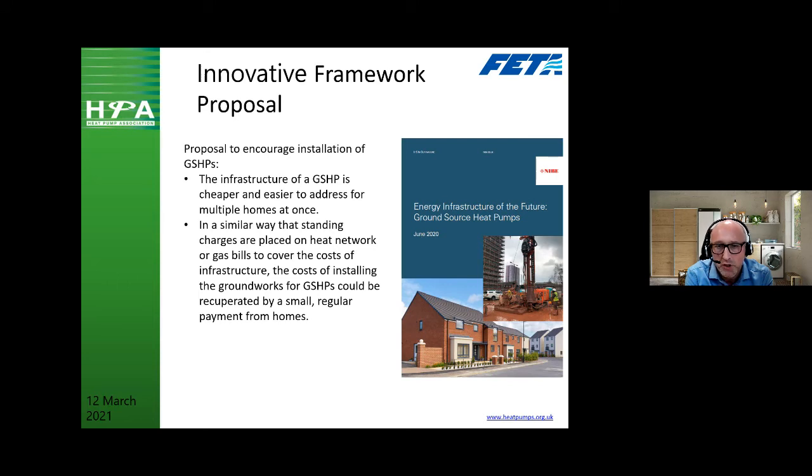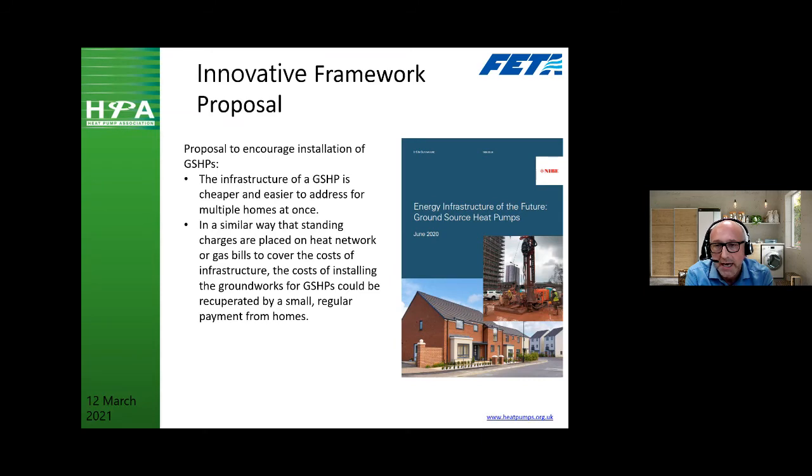And there's also an opportunity there for encouraging installs by having it as an investment, very similar to what we have with standing charges with gas and electric, which is actually charging the homeowner a minimum cost per month to actually extract that heat, and that could be a minimum cost of say £20–25 a month to take the heat out of the ground.